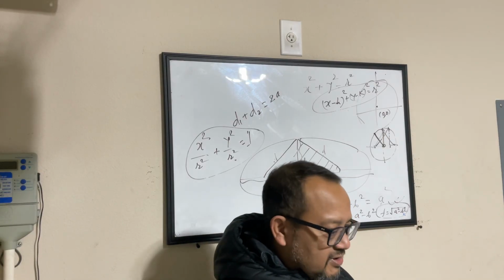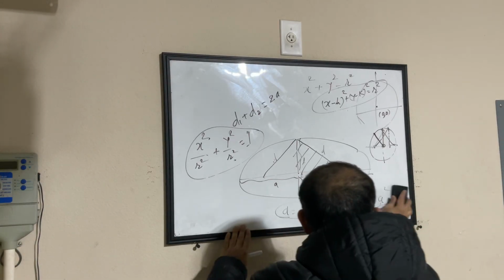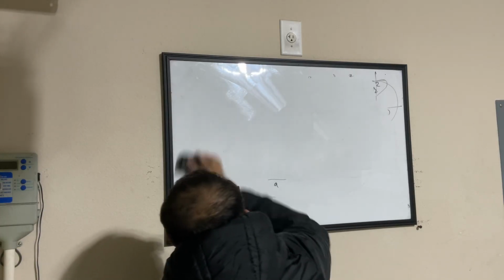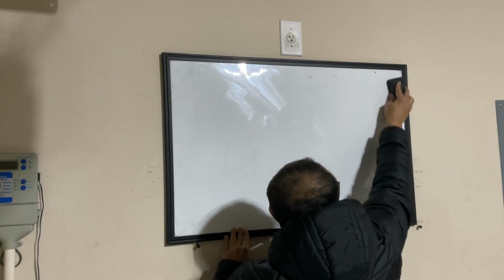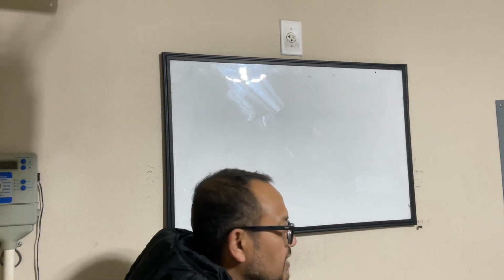Is everybody okay with what I said? Now, as I said, we will use our circle equation as the base to deal with all things related to the conic sections. So now we looked at ellipse, we looked at circle.